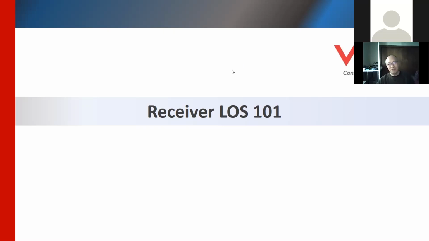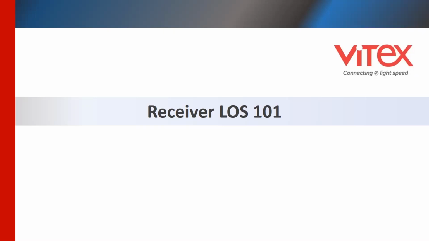You might want to know why I picked this topic. It seems the receiver LOS is pretty common in fiber optic communication. The reason is this. Recently, I saw some data sheet. They just removed the LOS. And I understand because people might not use it.